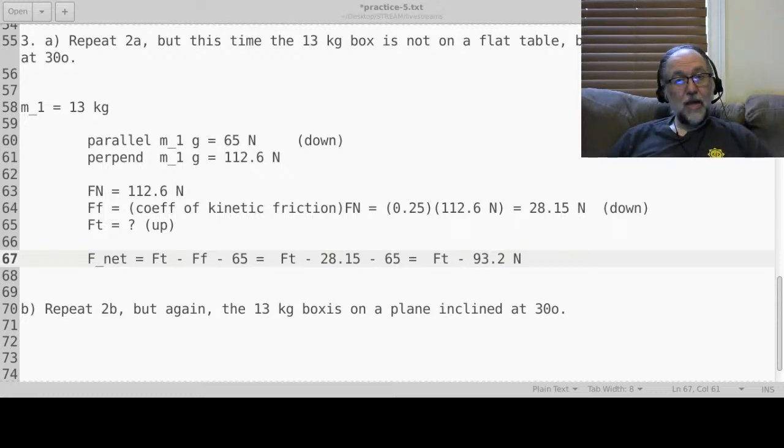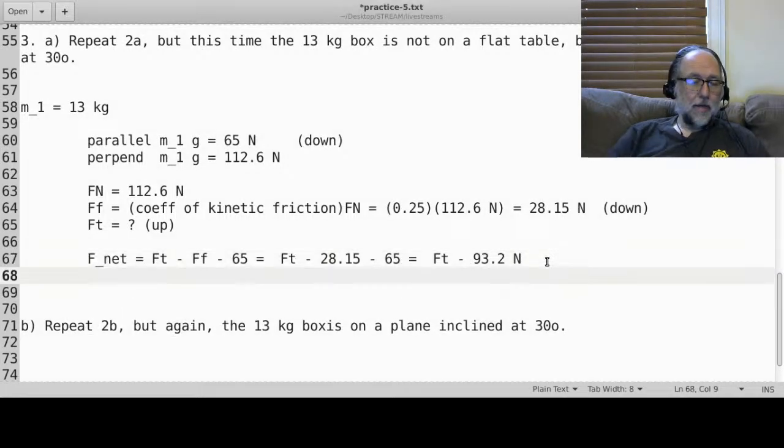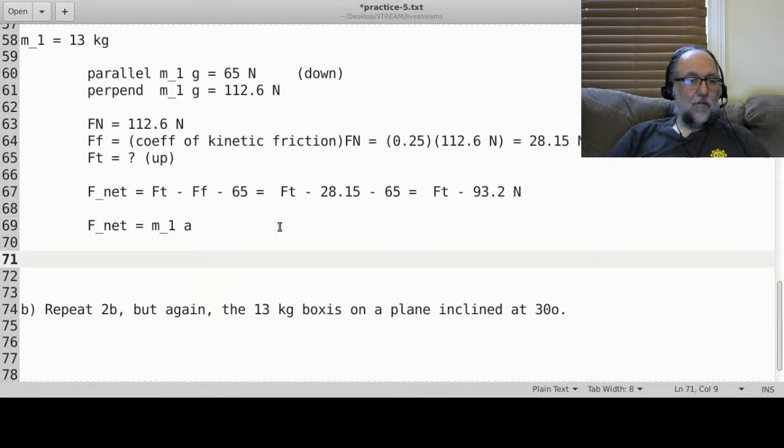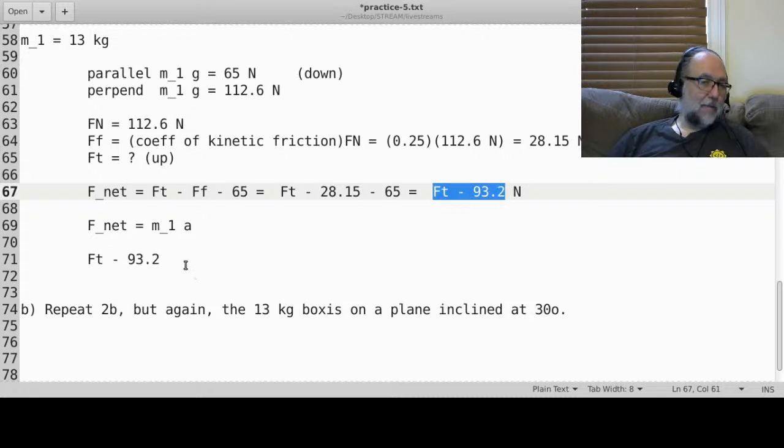Okay. So now, once you get Fnet, set that equal to ma. All right. Because Fnet equals ma. It's m1a in this case. And so for Fnet, we don't have a number, but at least we've got that much.